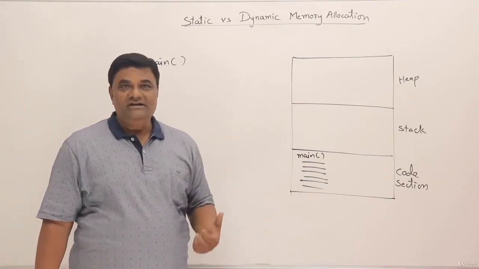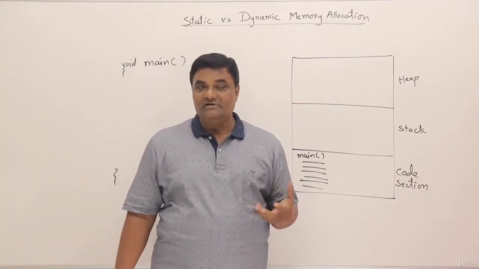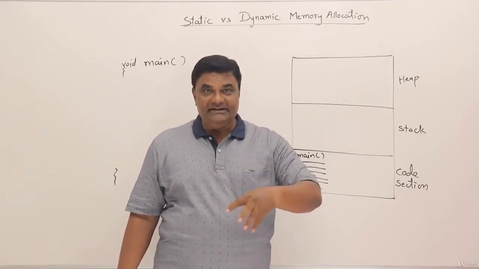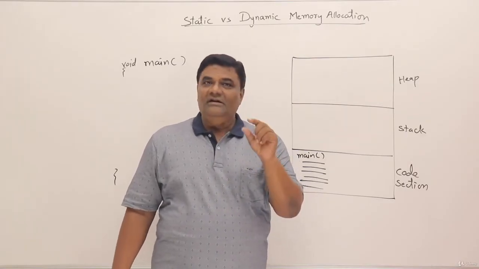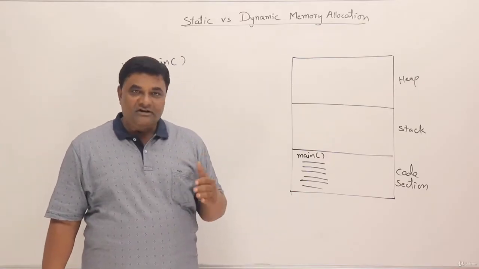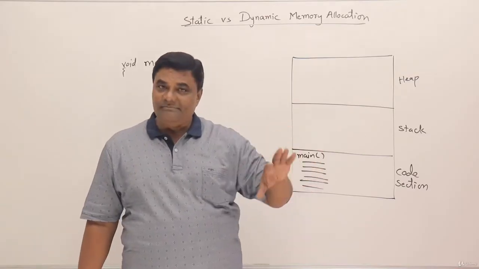And the second point about heap is that heap memory should be treated like a resource. So I'll tell you something about resources in applications. See, suppose a printer is a resource for your program. If your program wants to use a printer, then it can request a printer and use the printer.